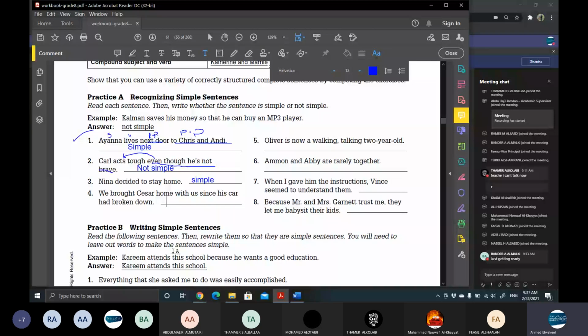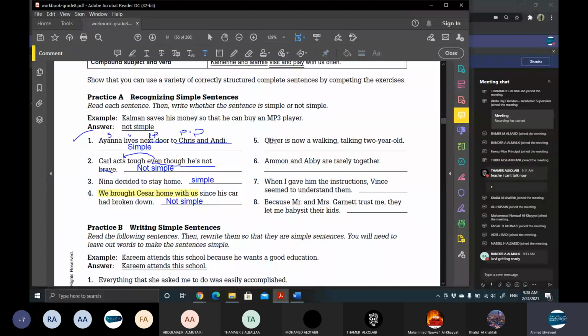Khalifa. Not simple. Why? We brought Caesar home with us. Until here, that's simple. That's the independent clause. Since his car had broken down, that's the dependent clause. So we have a complex sentence, so it's not simple.